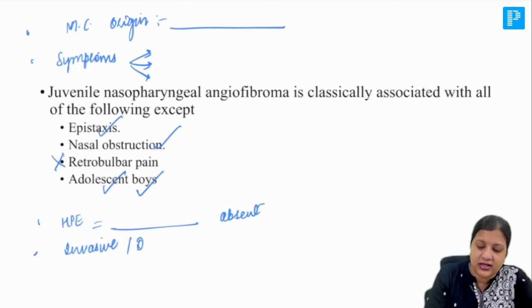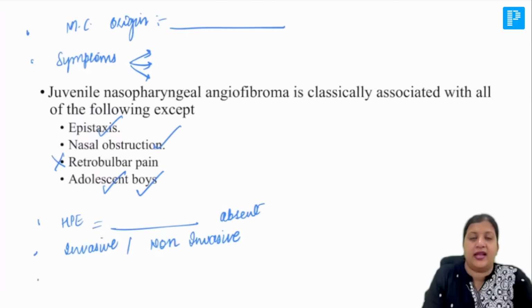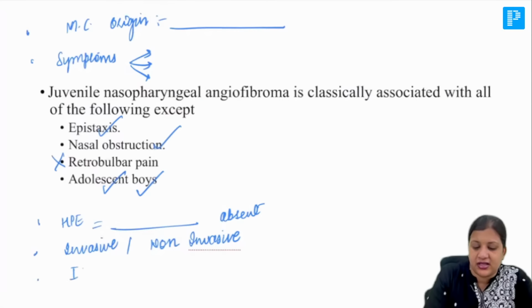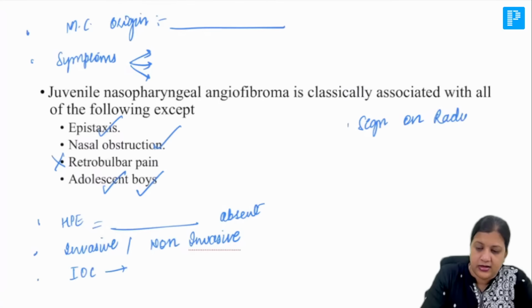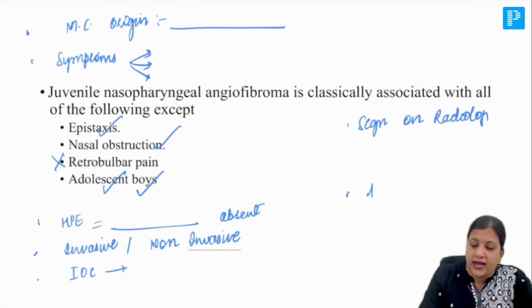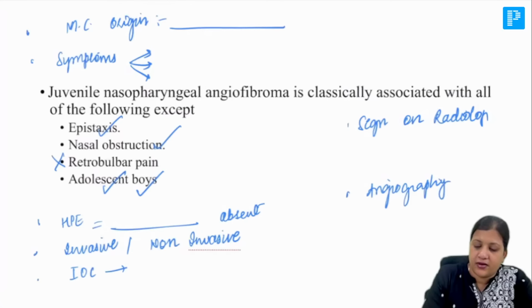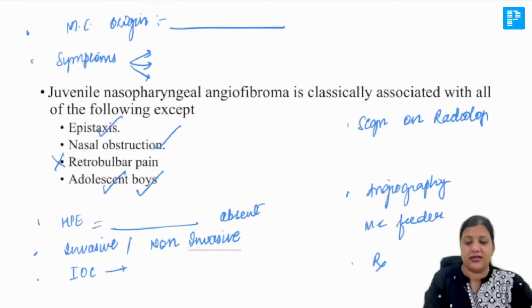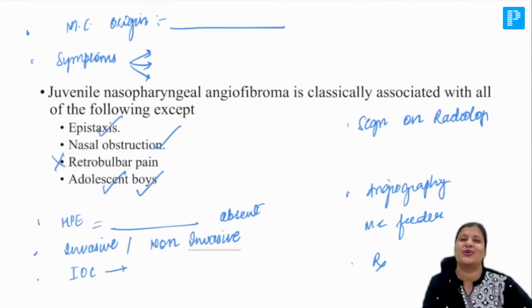You can go on answering in the chat box. I'll put up my questions here. Then, what is the investigation of choice? What are the signs we see in JNA on radiology? Do we do angiography? And if we do, what is the most common feeder? And what is the treatment? These are the mandatory questions you should know for JNA.